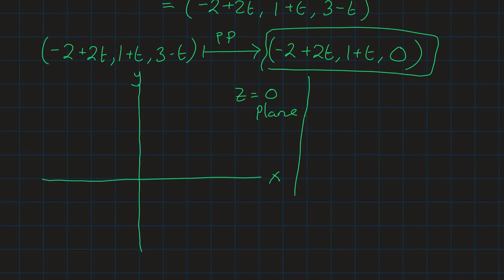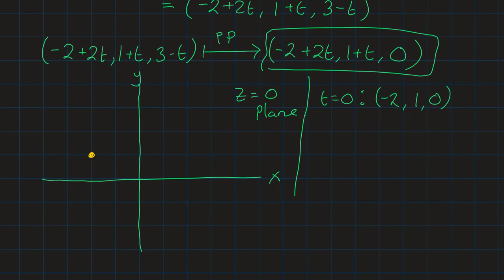I'm going to find my 2 points just by plugging in easy values of t. If I plug in t equals 0, I have the point -2, 1, 0. That point there is -2, 1.